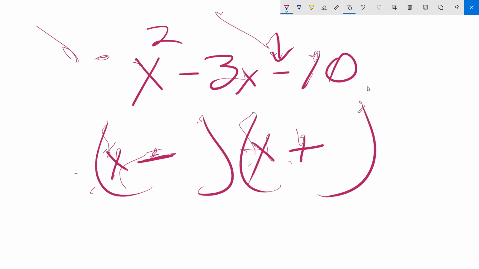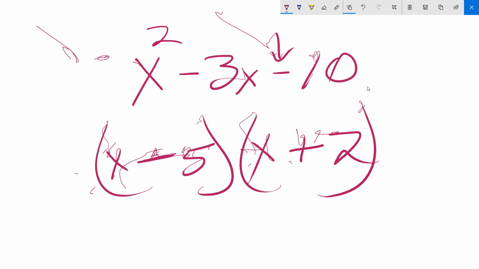Take the bigger factor, put it with the sign of the middle term. Where's the 5 go? The 5 goes with the negative sign, in the first one. The 2 goes over there.